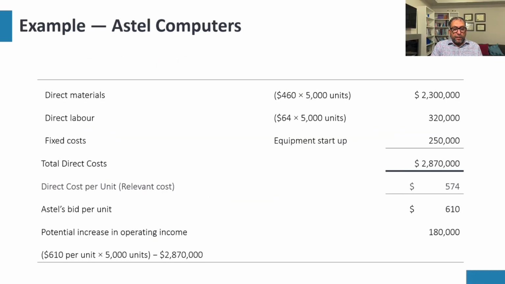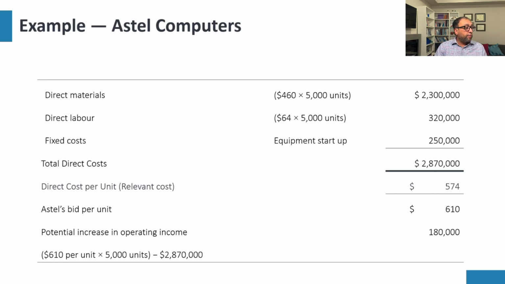So here is a case. I'm going to read this case a little bit from the book because there are only figures, but it's important that we understand the case. There is a computer firm, Astel, that can bid on a DataTech offer. Astel's managers must estimate how much it will cost to supply 5,000 units of computers.